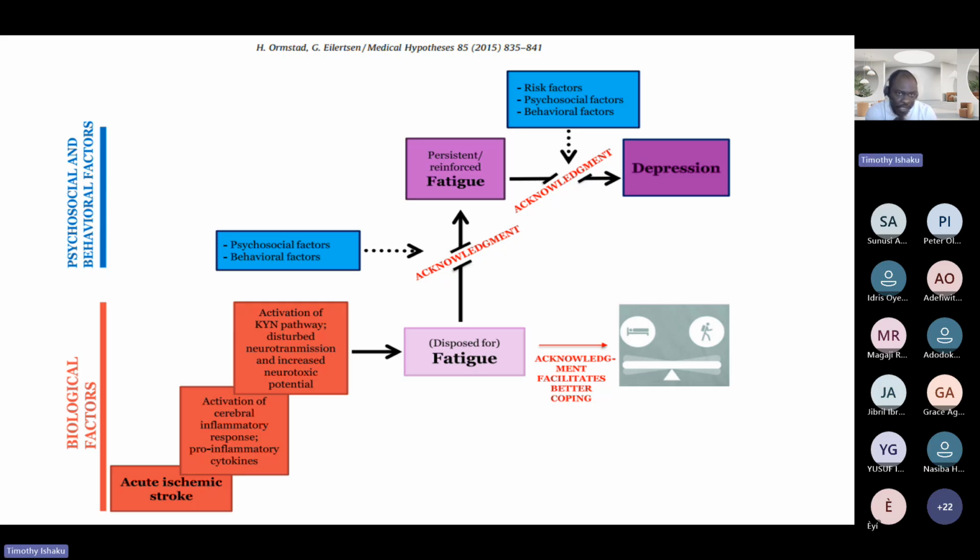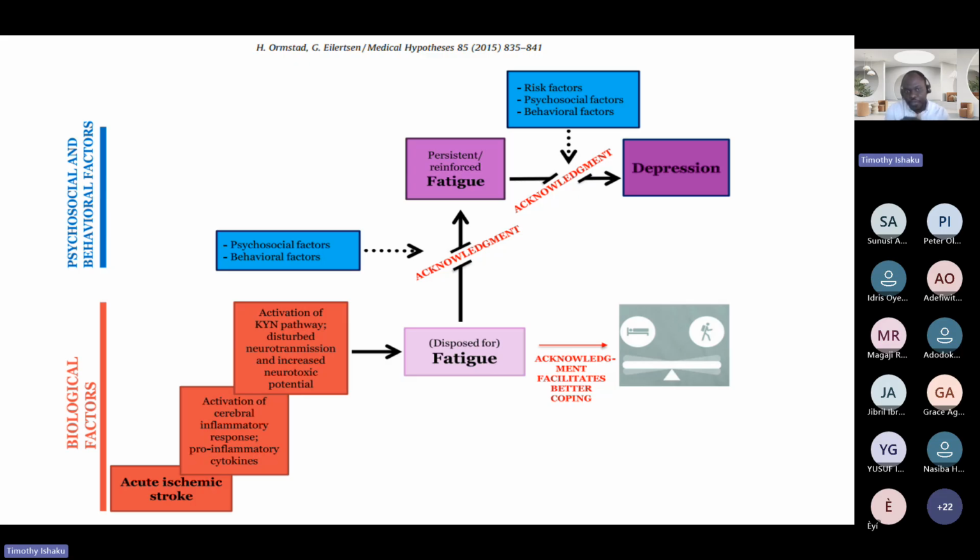Just after the third red box, where it says disposed to fatigue, where we acknowledge their fatigue, recognizing their fatigue early, facilitating better coping mechanism, it will likely prevent the escalation. That's the black arrow that goes all the way up.